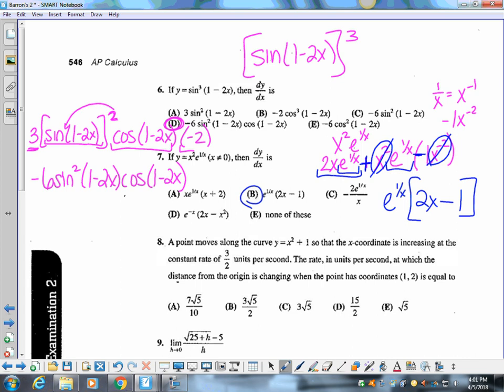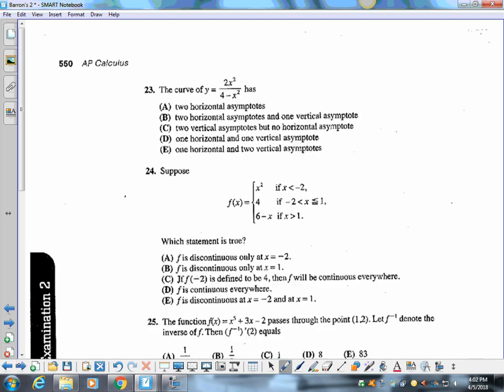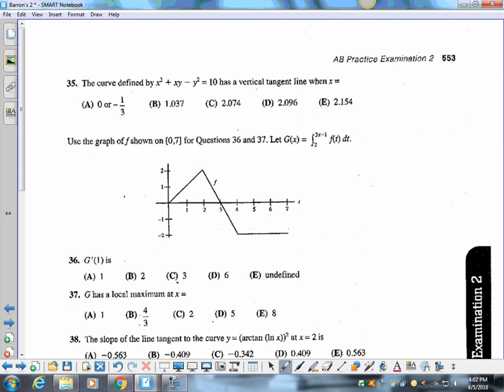Okay, the next one we're going to go to is number 36. There it is.